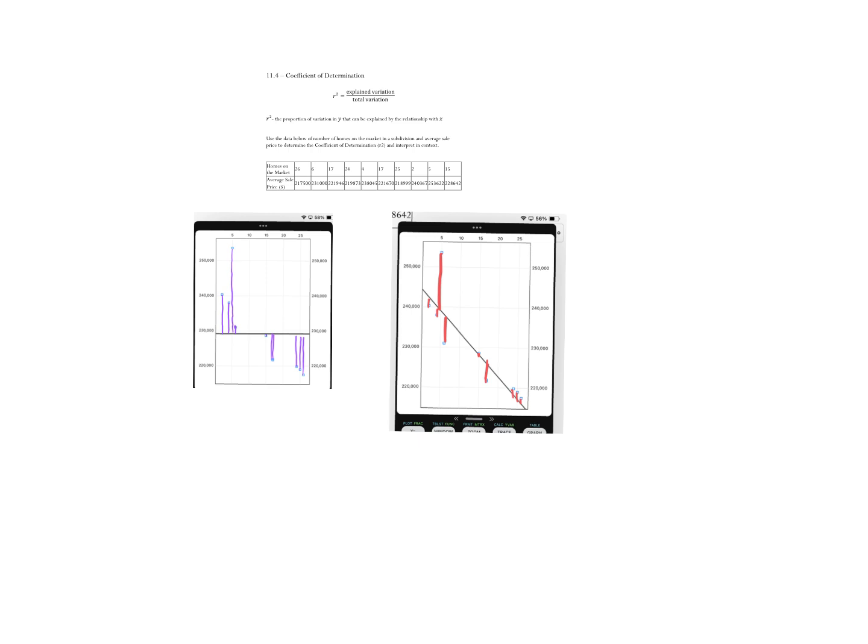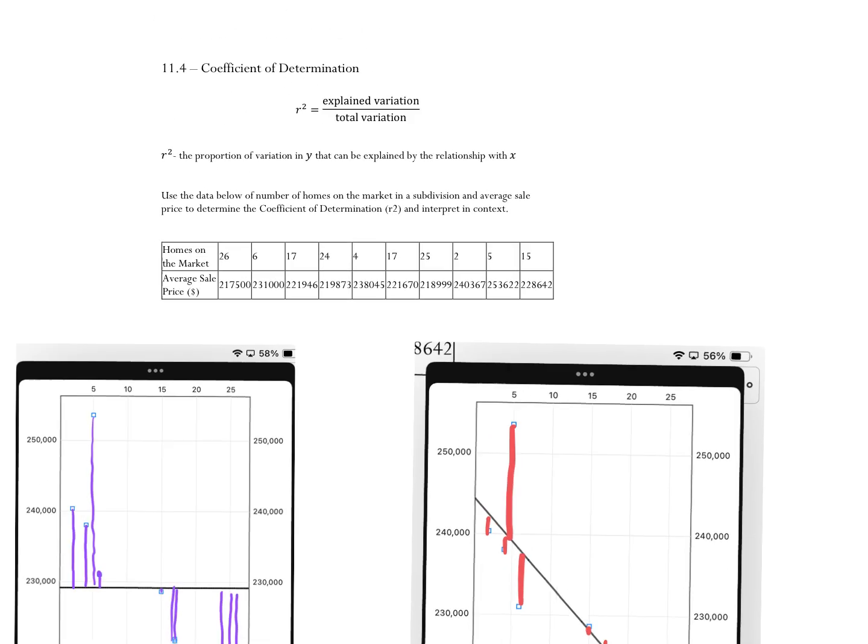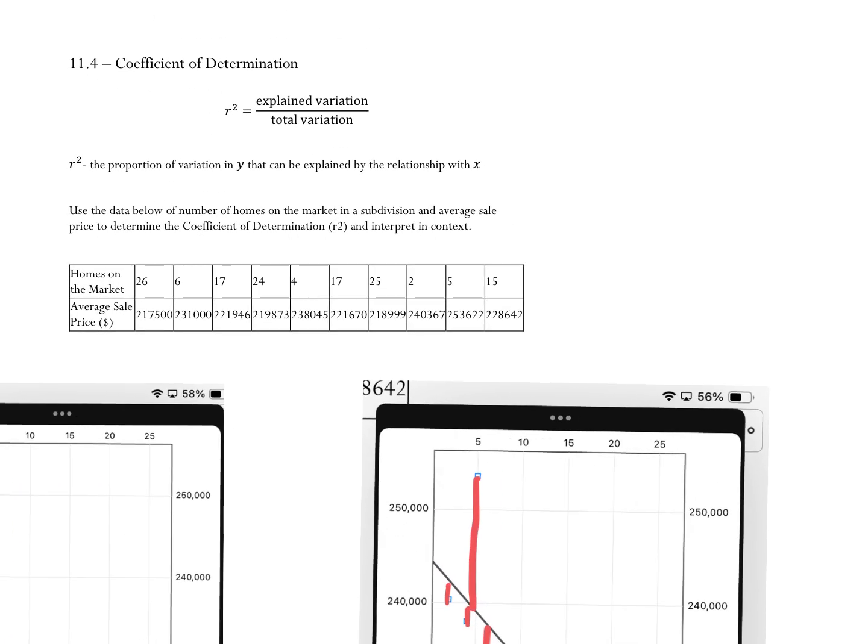Everybody good? Okay. We've talked about R squared, which we call the coefficient of determination. To clarify, R is our correlation coefficient. R squared is the coefficient of determination.